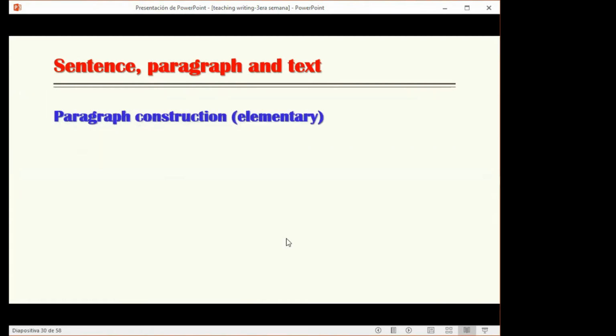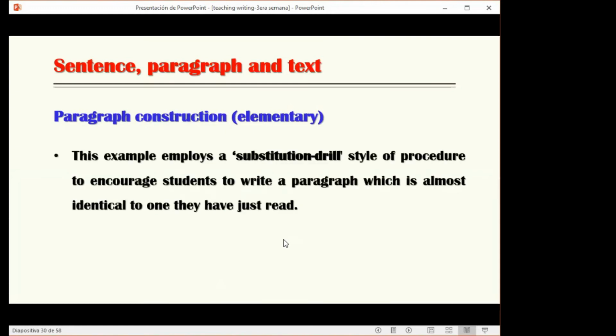Now, let's pass to the paragraph construction, elementary level. Simple paragraph. This example employs a substitution drill style of procedure to encourage students to write a paragraph which is almost identical to one they have just read. Notice, a substitution drill.